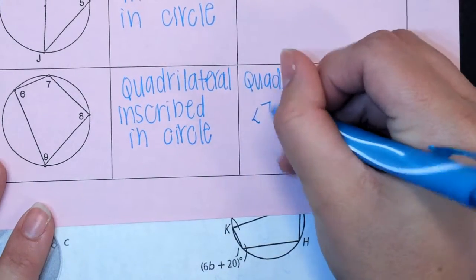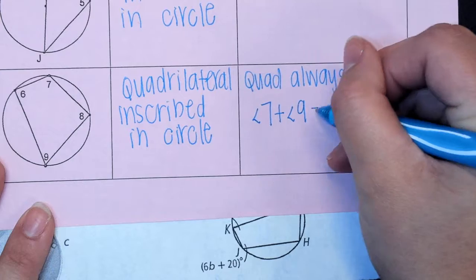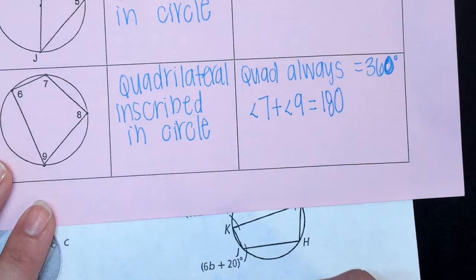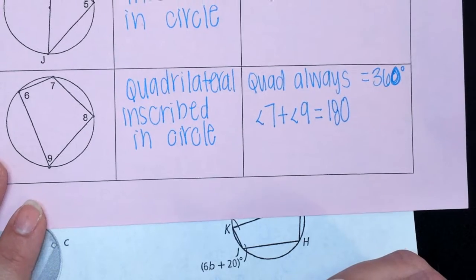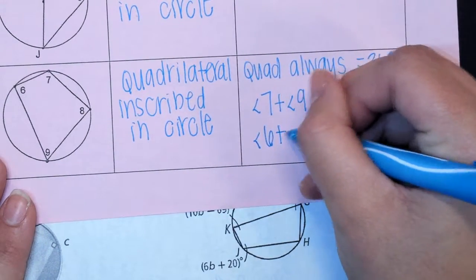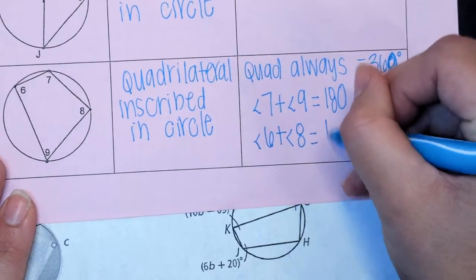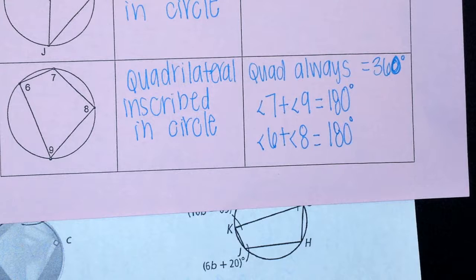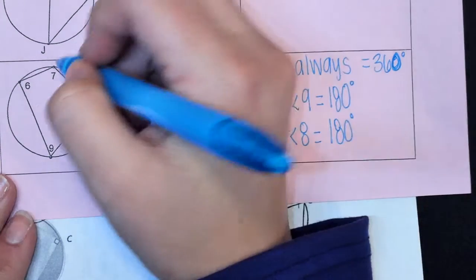Right. So angle 7 plus angle 9 equal how many degrees? 180. What other pair can I write down? Angle 6 plus angle 8 equal 180 degrees. Opposite angles add together to equal 180.